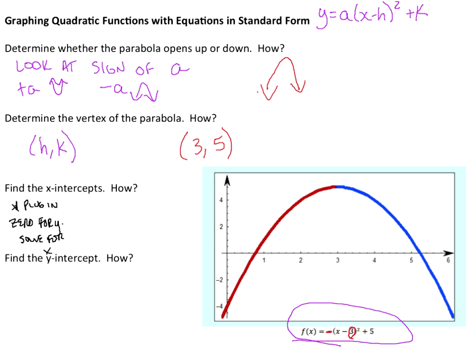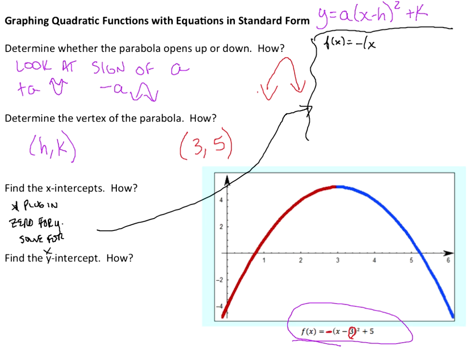So in this particular equation, I'm going to do the work over here so that I have room. My function is f of x equals negative (x minus 3) squared plus 5. And I plug in 0 for y, or f of x.